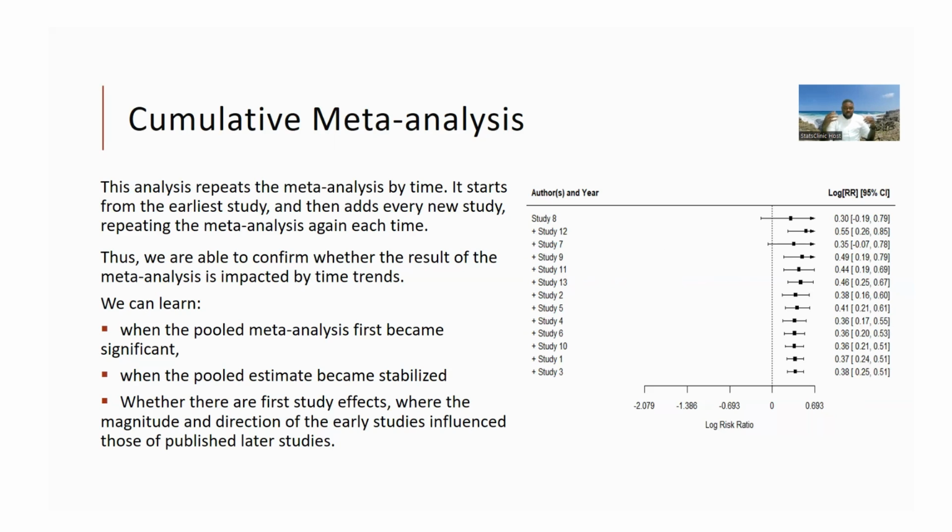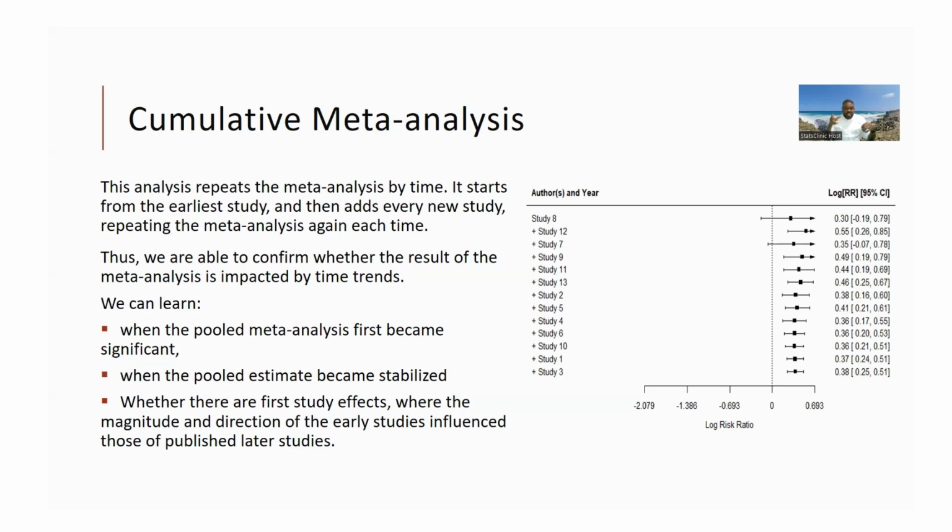We want to understand if there are first study effects. Sometimes first study effects happen when somebody conducts a study and finds one set of estimates, and as a result, other people who then conduct that study, looking at that exposure-outcome relationship, start finding the same ballpark estimates.